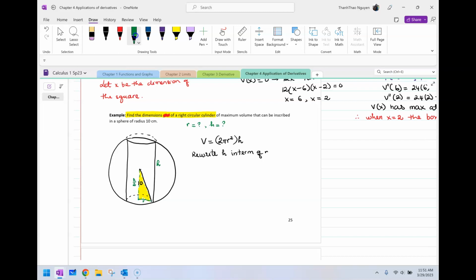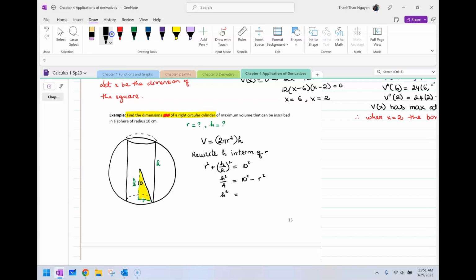This means here I will have r squared plus h over 2 squared equal 10 squared. So that h squared over 4 equals 10 squared minus r squared.